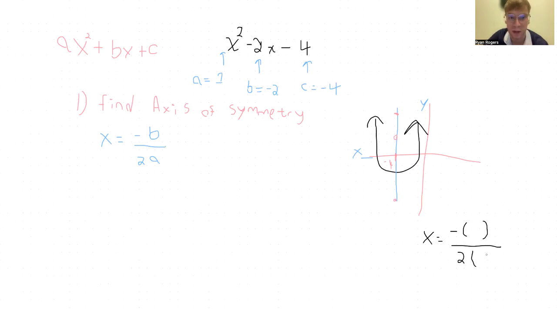I have a negative 2 for B, and a 1 for A. So it's going to be a negative negative 2, which means a positive 2 divided by 2, and all of this is going to equal 1. Awesome. I've done step 1. I've got my axis of symmetry. X equals 1.